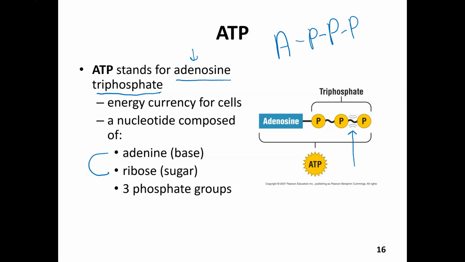ATP is the most common energy currency that our cells use. So we break down glucose, which is our favorite food. And when I say that, I mean our cell's favorite food, to form ATP, which drives all of our metabolic reactions in general.